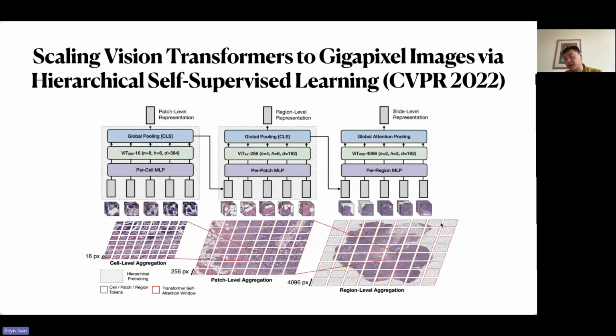When we look back at all the model architectures, there is actually a model called HIPT, which uses hierarchical transformers to build the whole aggregation process, from the cellular level into the patch level, from the patch level into the region level, and finally from the region level to the slide level.